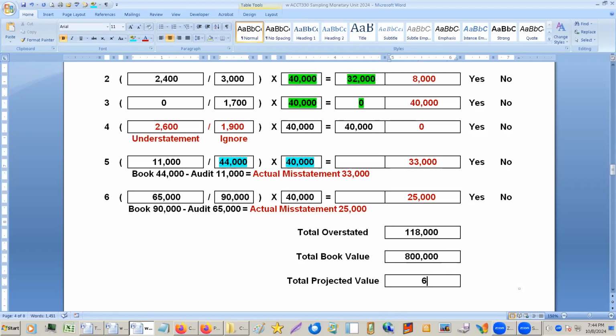Yes. So this would be our projected value. And this would be our total overstated.